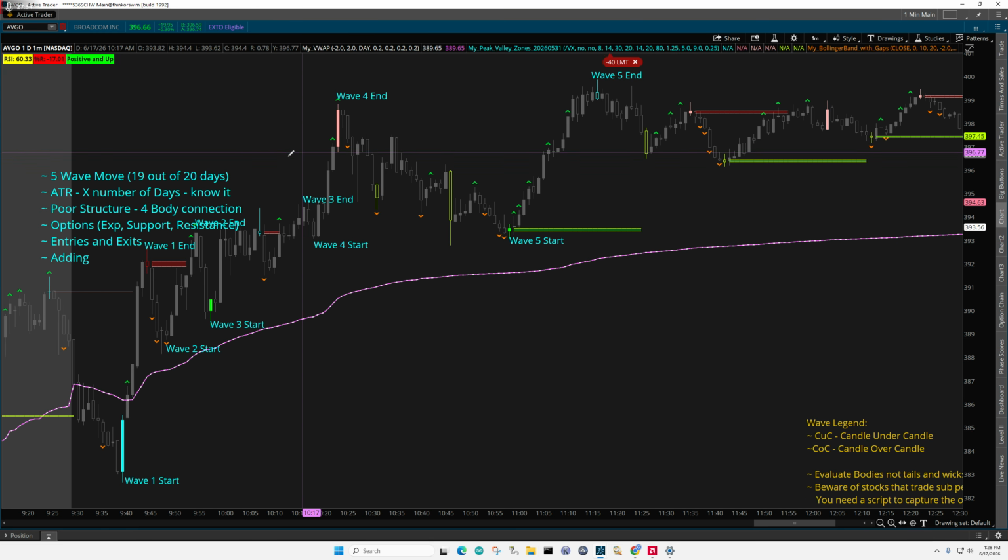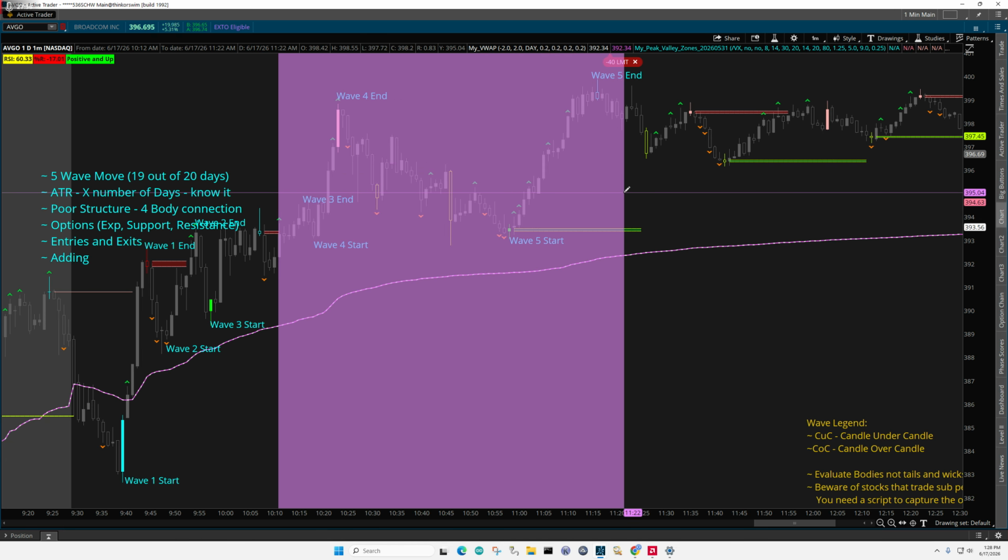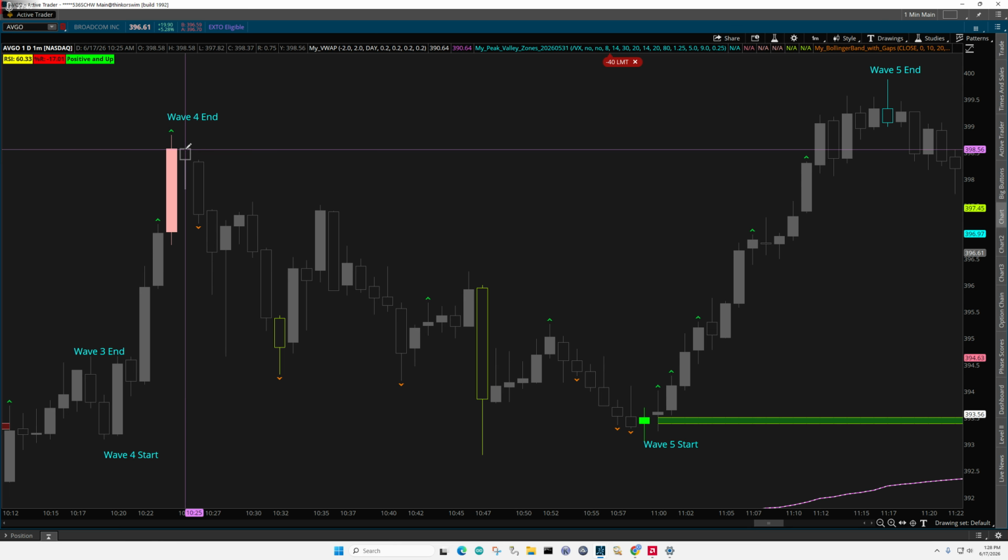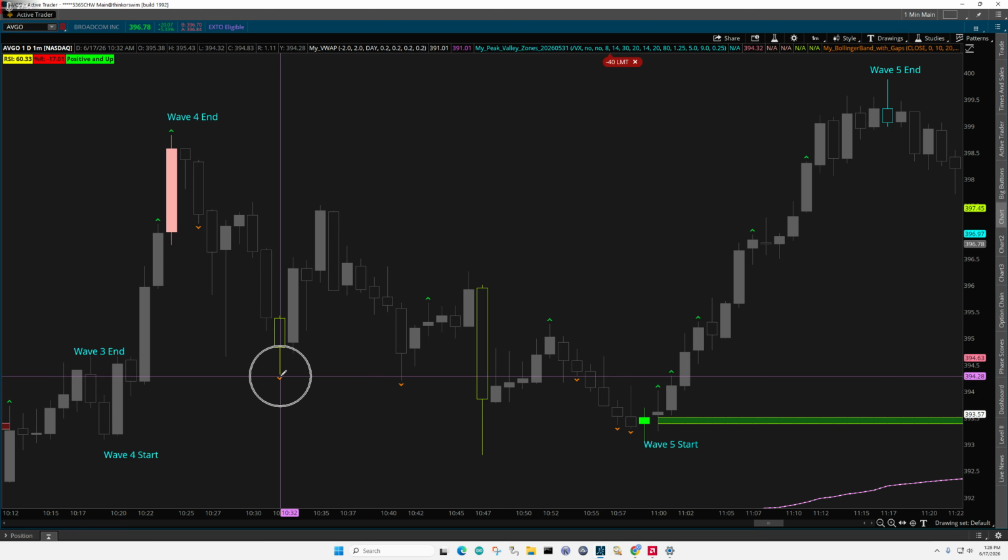Let's talk about one other thing here. Wave 4 went up and then it pulled back and then it put in this low here and then it went candle body over candle body. So why am I not counting this as the wave 5 start? Well, if I was trading AVGO today, I would have.